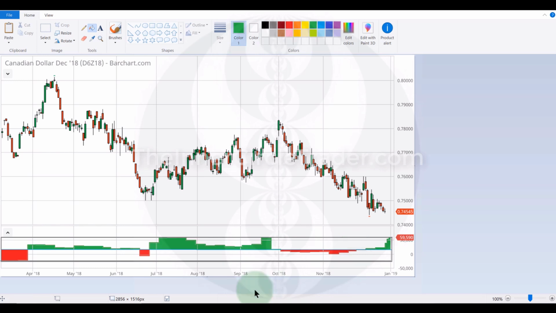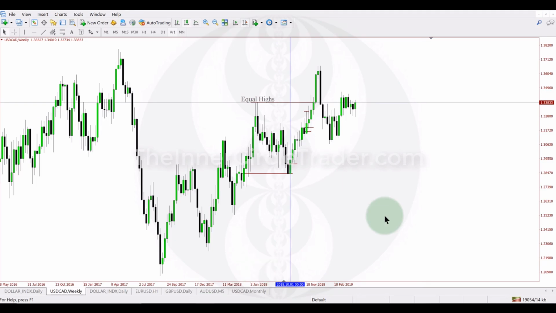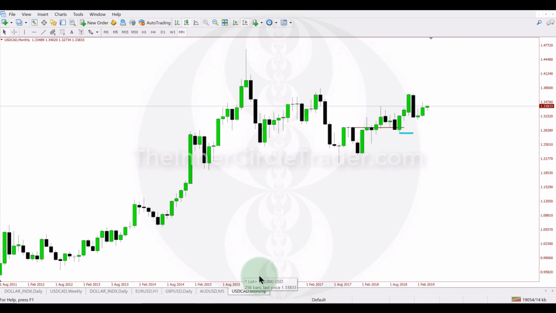Okay. With that said, we're going to move over into the dollar CAD, and I'm going to start with the monthly chart here. We have down close candles here, which is a bullish order block. We have a small little candle body here with a wick that goes in that basically rebalances this volume imbalance.